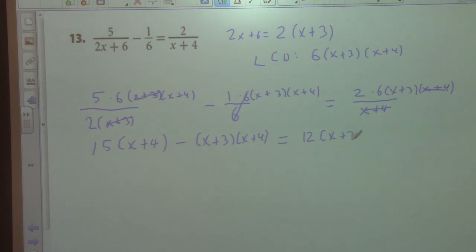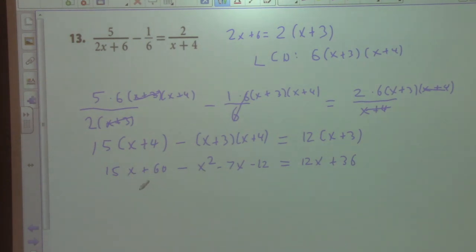And then if we go ahead, we have 15x plus 60, and over here we have minus x squared, minus 7x, minus 12, and on the right side we have 12x plus 36. So it's really solving a quadratic equation, and probably you want to get all the x squared stuff on the other side. You can just leave it all negative and multiply, but I would just get everything on the right side.